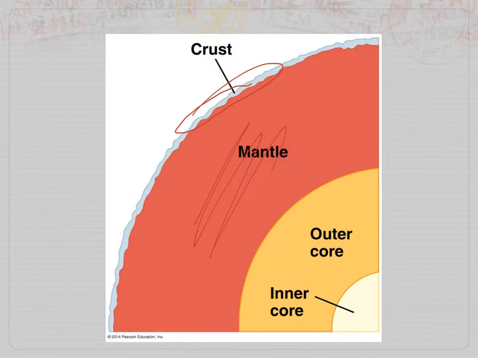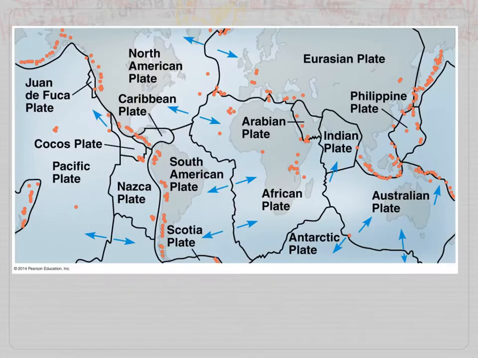And we know that we can measure the rate of movement, and we actually know how long ago the continents were in different positions. So here are those plates, and we can take a look at the arrows, which are indicating the direction of the movement of those plates.